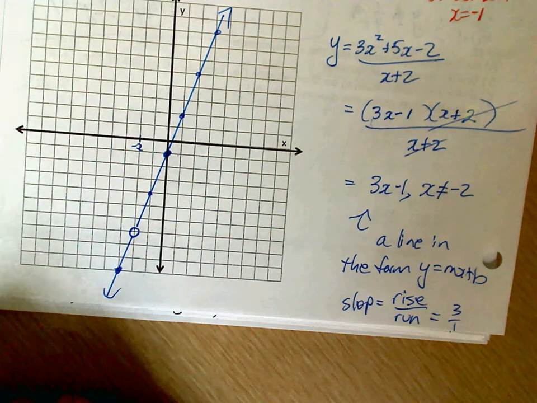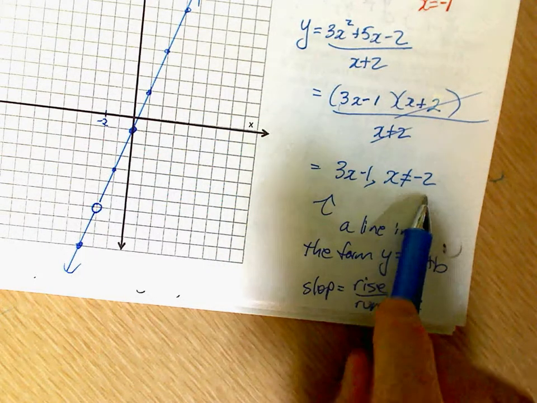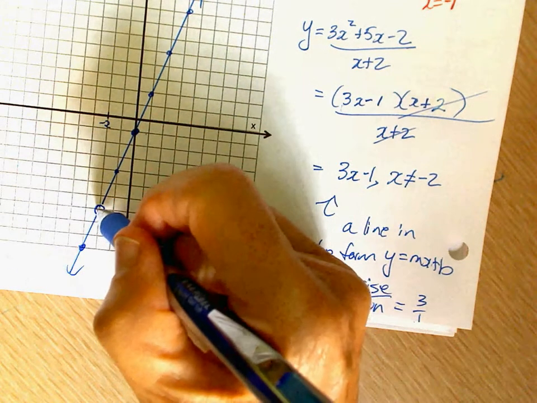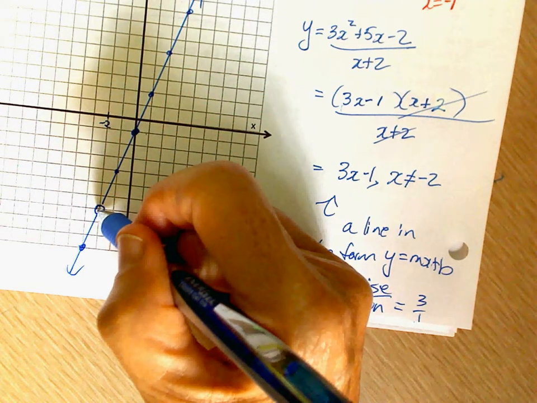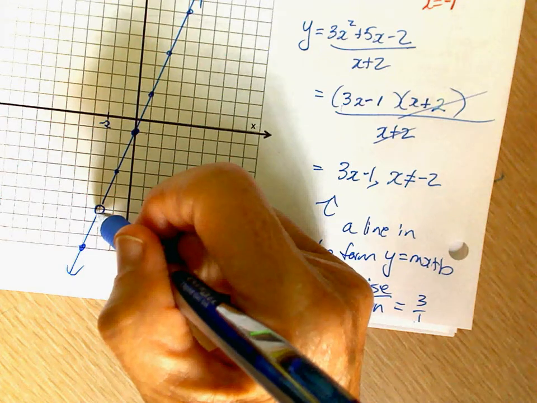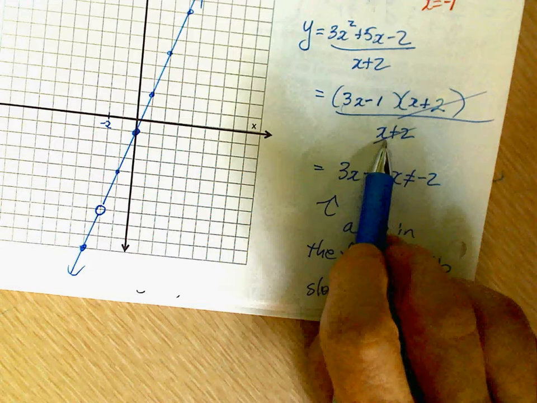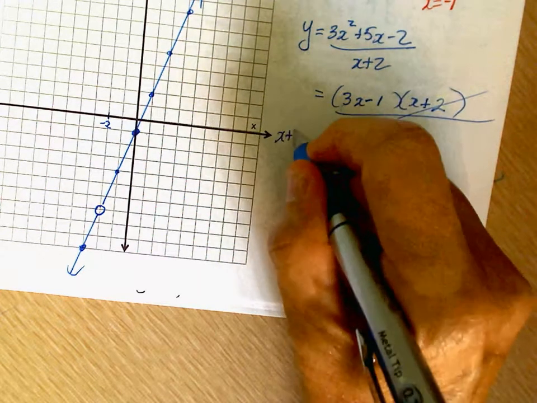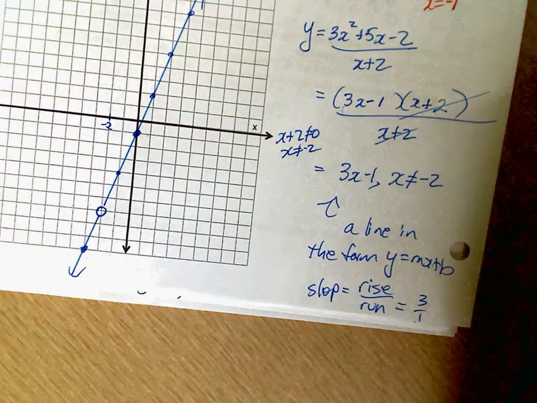So at that point, right at -2, there's no line there. It's just an open space. There's a hole there. Because the denominator, x plus 2, cannot be 0, x cannot be -2. So the graph does not exist when x equals -2. See how x equals -2 here?